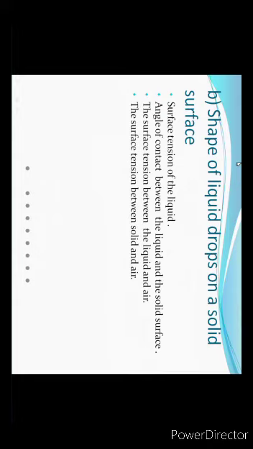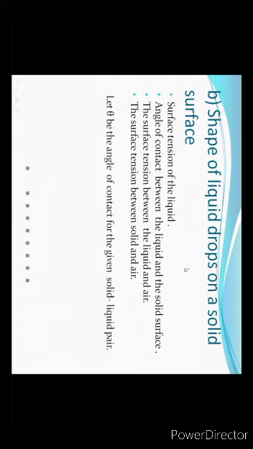So these are the 4 factors that determine the shape of the liquid drop, whether a drop is formed or whether it is spreading. Now, to understand this more in a mathematical way, we have to consider 3 important forces. So let us discuss that.